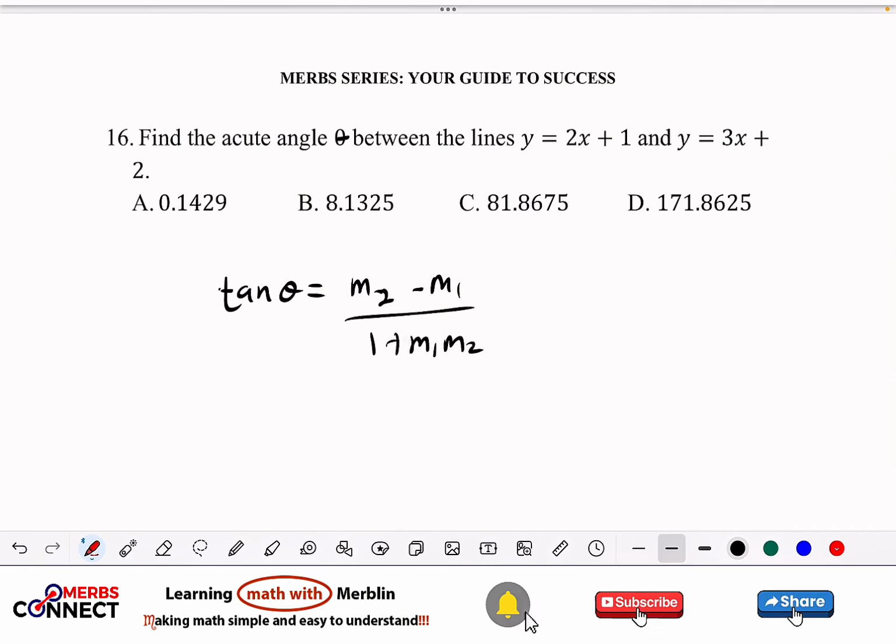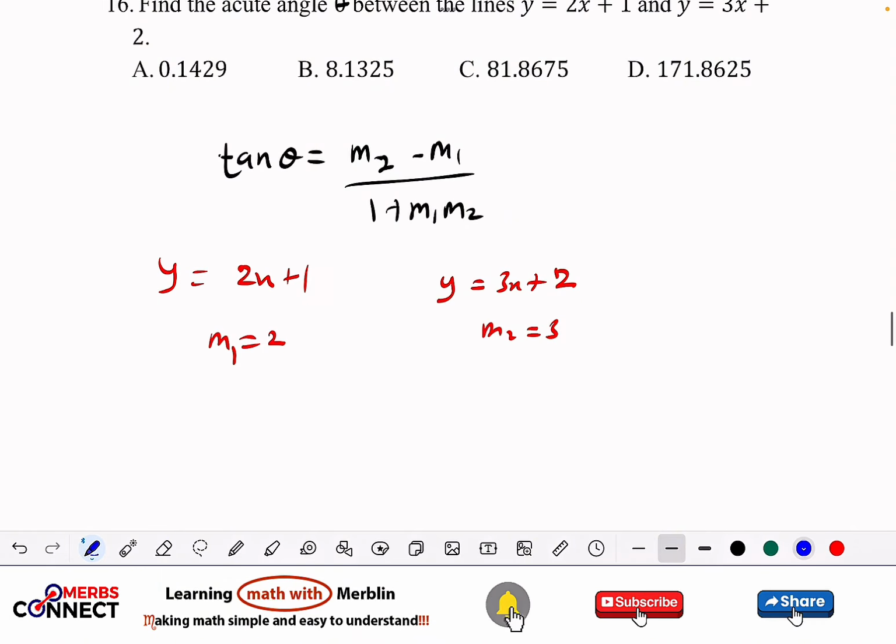So let's find the slope for the first one. y is equal to 2x plus 1, so m is equal to 2, so let me call it m1. y is equal to 3x plus 2, so m2 will be equal to 3. So we just do substitution. All we need here is just the formula, and then boom, we are done.